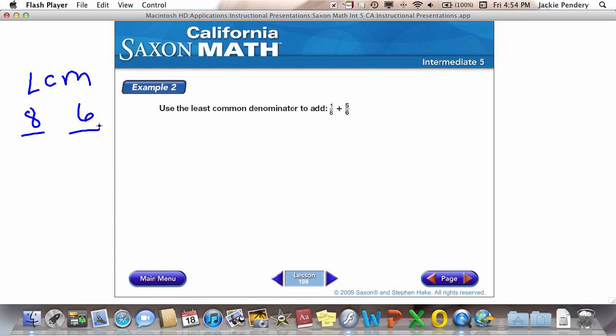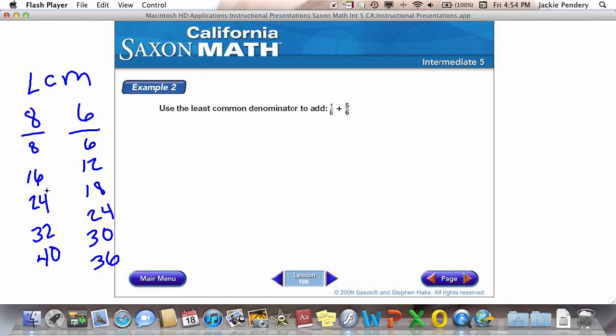So I start by making a list, and you need to write down the list. 6, 12, 18, 24, 30, 36, 8, 16, 24, 32, 40. And I see that 24 is the least common multiple of 8 and 6. So 24 is going to become my new denominator.